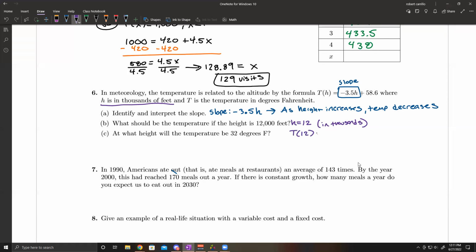So T of 12 gives me negative 3.5 times 12 plus 58.6. And let's calculate. Negative 3.5 times 12 is negative 42, plus 58.6.